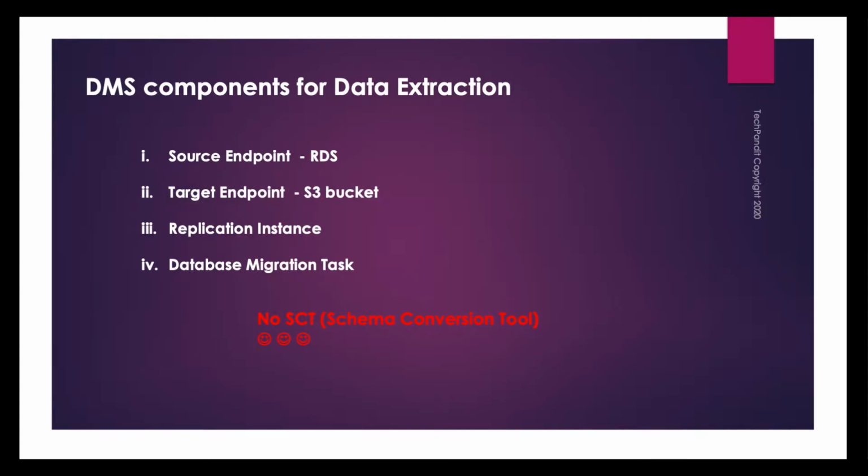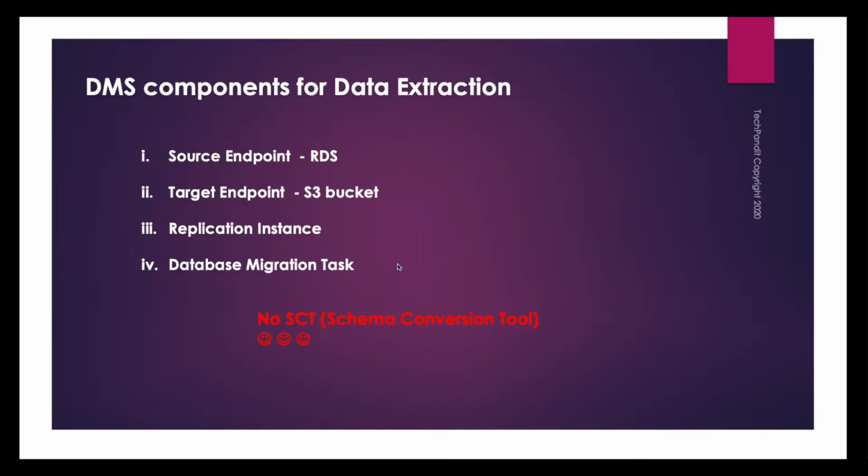So like if we want to extract data from an Oracle database to let's say a PostgreSQL or in Aurora, so they are 2 different types of databases. So there we may need to use schema conversion tool. DMS or database migration service actually extracts only data. It doesn't extract the schema. That's the reason if we have to convert that schema, we need to use this SCT or schema conversion tool.